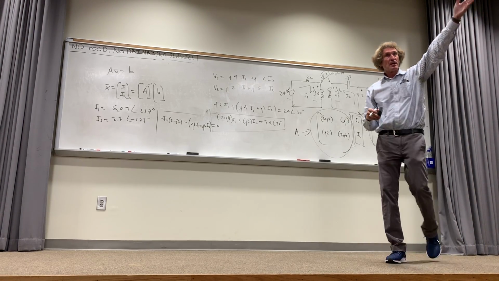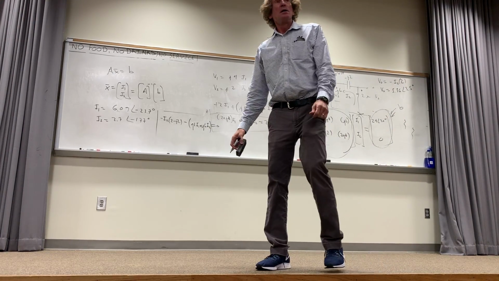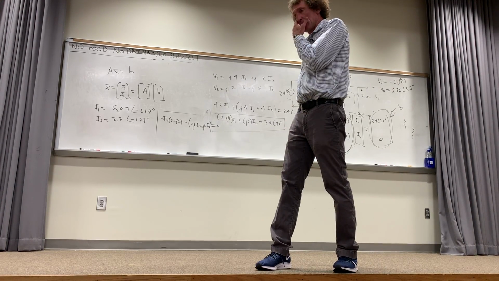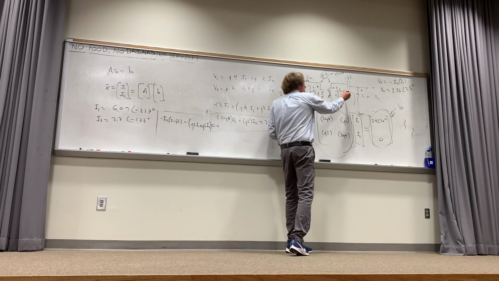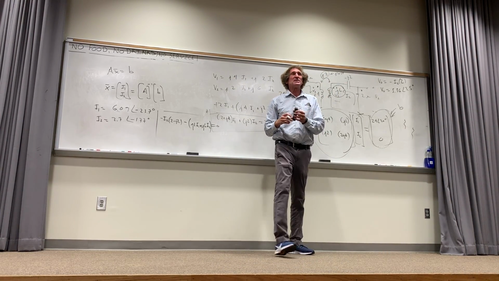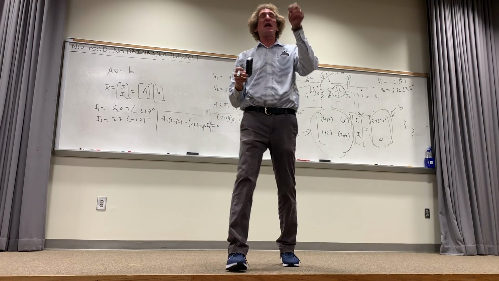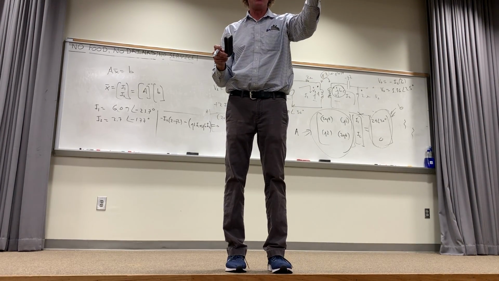Yes, Elizabeth? For the V2 equation, why is it multiplied by J6? That J6 represents J omega L2.